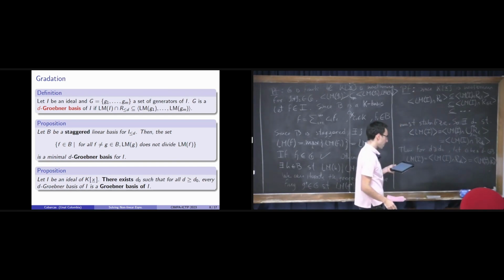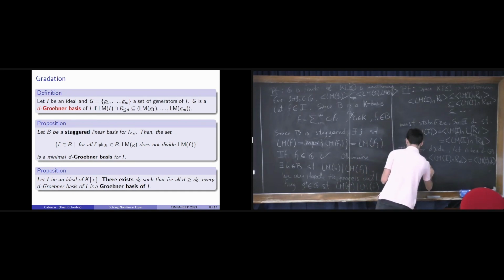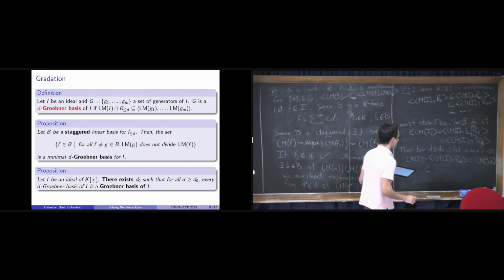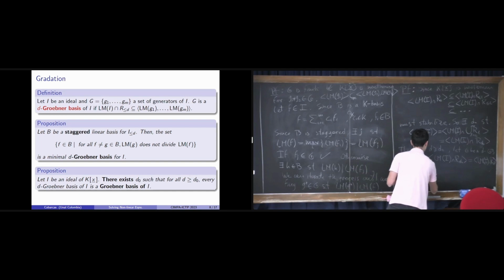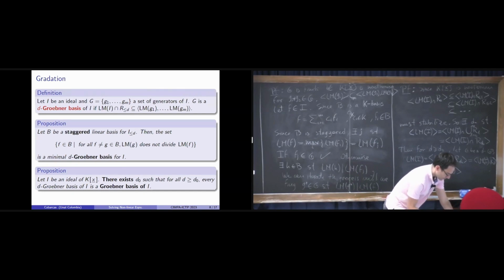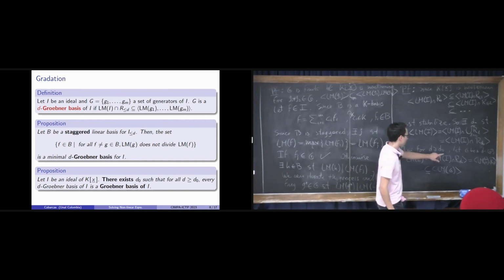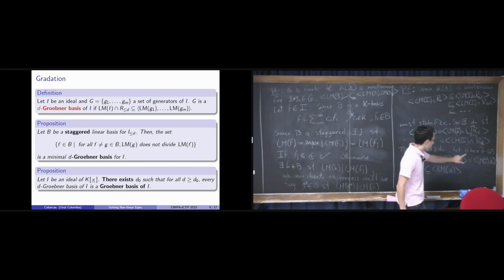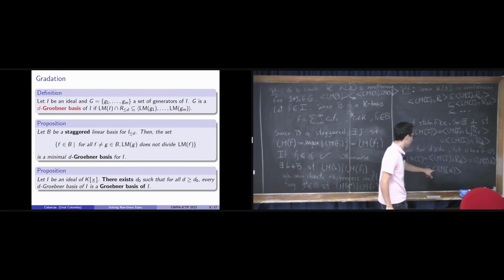D is larger or equal to D0, and it's contained, because we have a D Groebner basis, this is definitely contained in the leading monomials of G. So, since G is a D Groebner basis, the definition of D Groebner basis says that we get all the leading monomials up to degree D in G. So all of these are contained in the leading monomials of G, and therefore we get the whole containment.